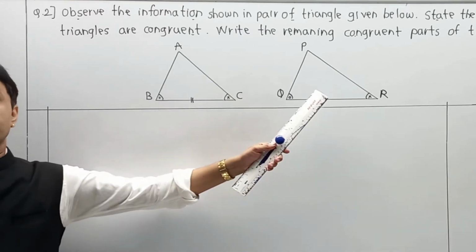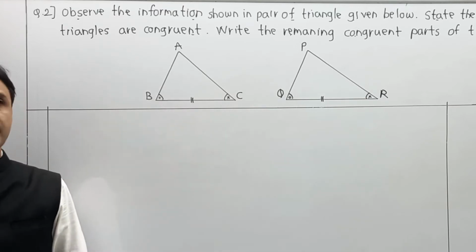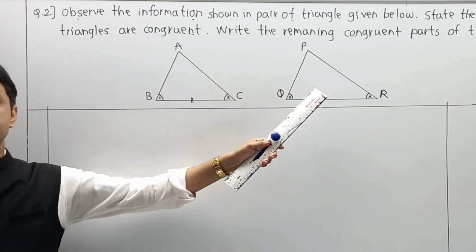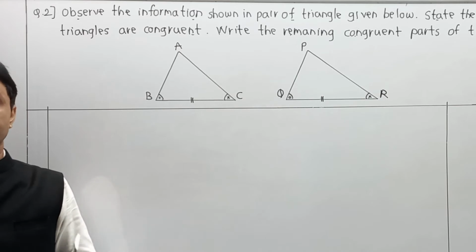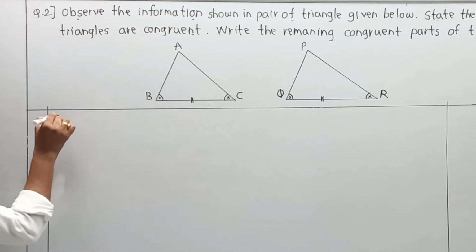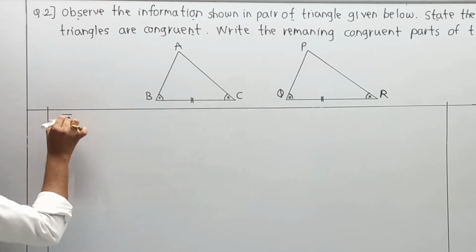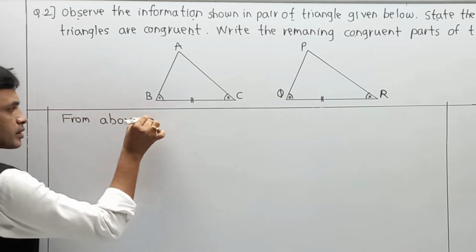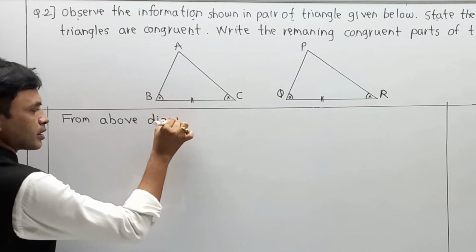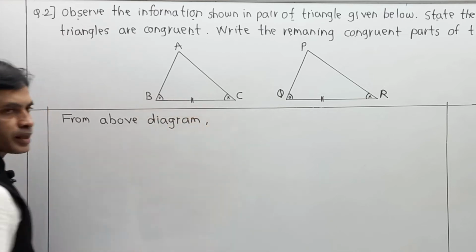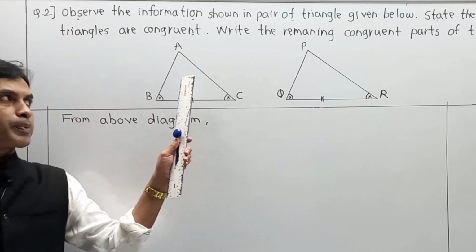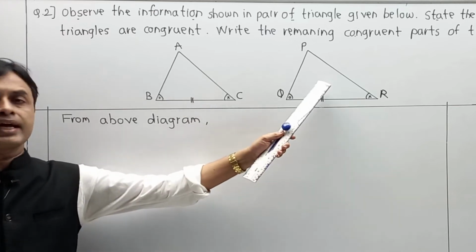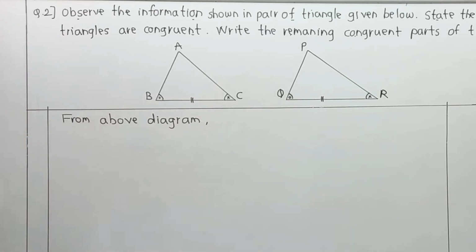Now starting with the two triangles and their parts. No doubt this information is available to us with the help of the diagram. So I am going to write from the given diagram. First we are discussing the properties of triangle ABC and triangle PQR, so we are describing that part.